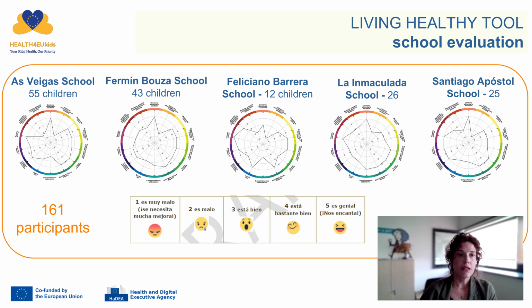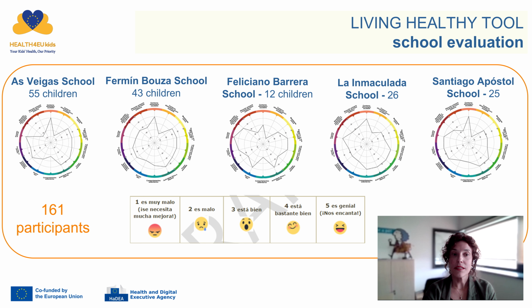This was, in the other case, the result from the evaluation in schools. As you can see in the design, you have different phases for the children to choose in which one they rate each item that we were talking about before.